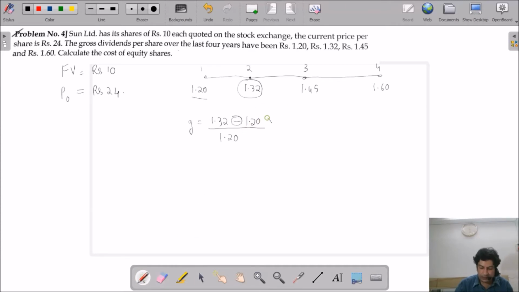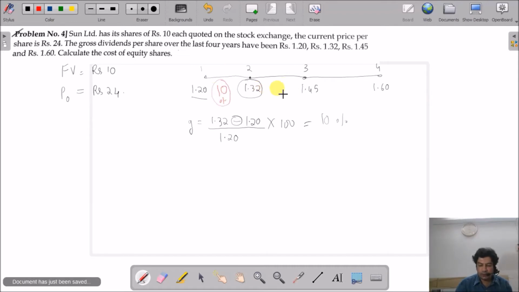Then we will take it as fraction into 100. So 1.32 minus 1.20 divided by 1.20 percentage. So this is 10%. So here the growth rate is 10%.